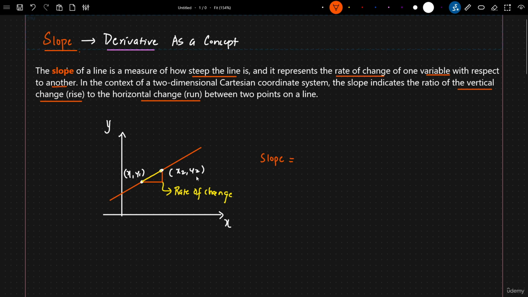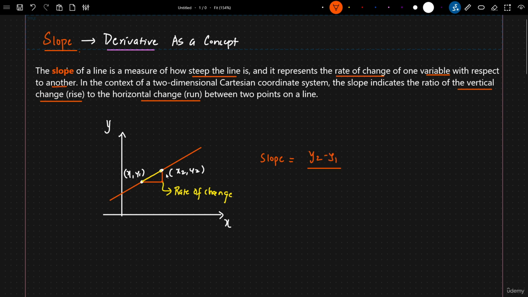Now, in order to calculate the slope, I first have to see how much y has changed, right? So y has changed from here to here. It was initially y1 over here, and this is my new y2, okay? So when I say the rate of change, this is nothing but y2 minus y1. This is how it is basically given.